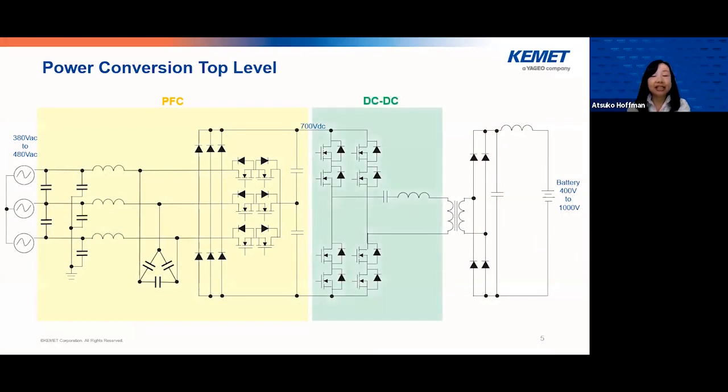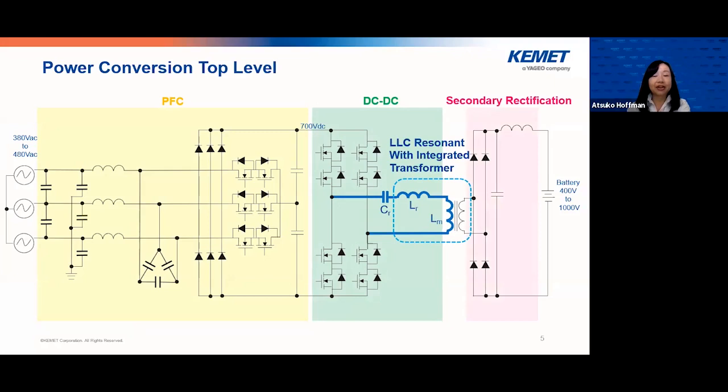The second stage is a DC to DC converter stage, which includes the LLC resonant converter with integrated transformer, which we will discuss in later slides. And the third stage is a secondary rectification stage to deliver the high voltage, 400 to 1000 volts, to the battery.